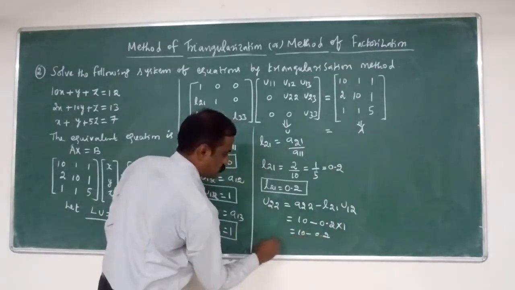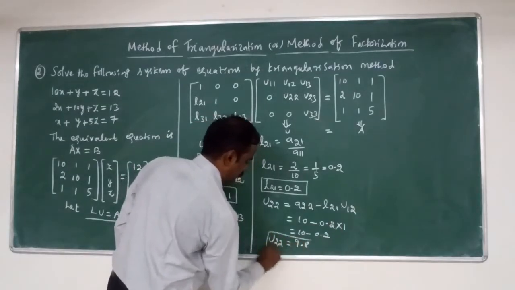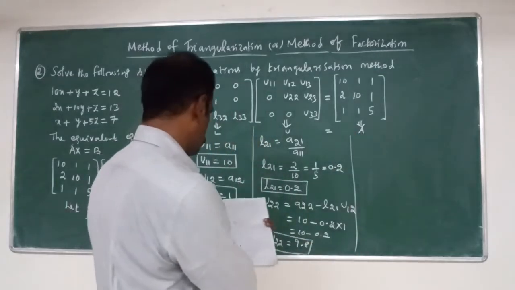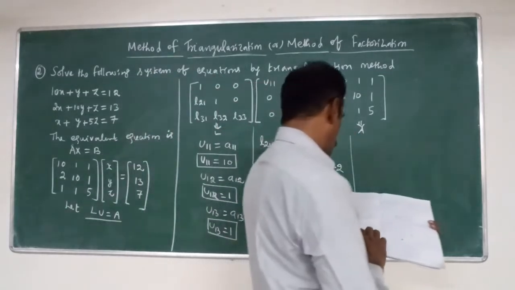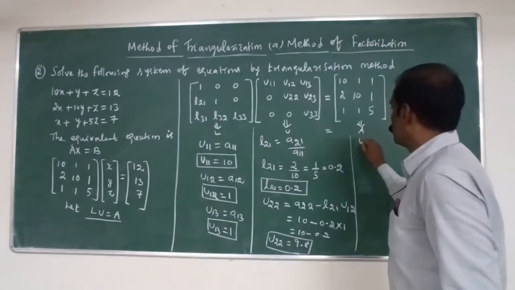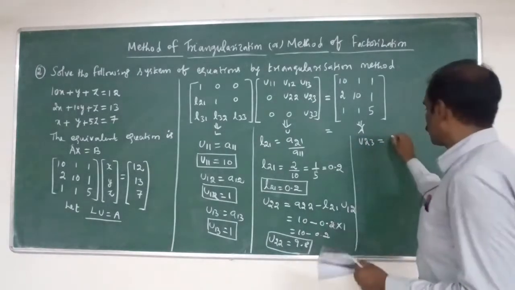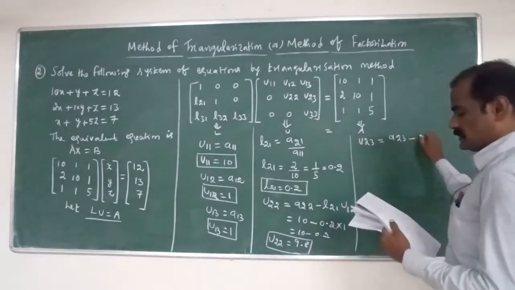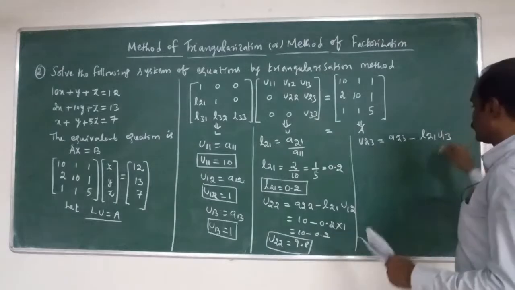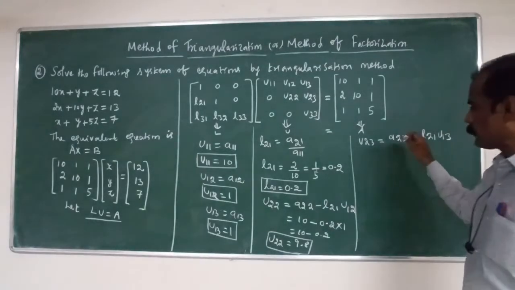Now subtracting these two, the result is U22 equal to 9.8. Next one, to find out U23, the formula is A23 minus L21 U13. Okay, this formula you refer to the previous video or previous topic.